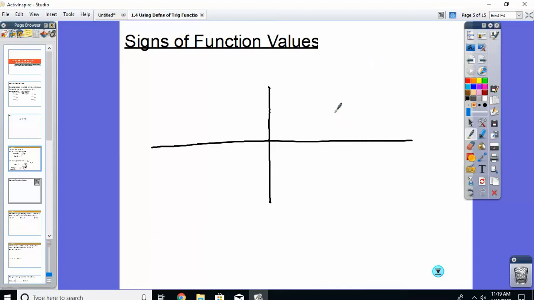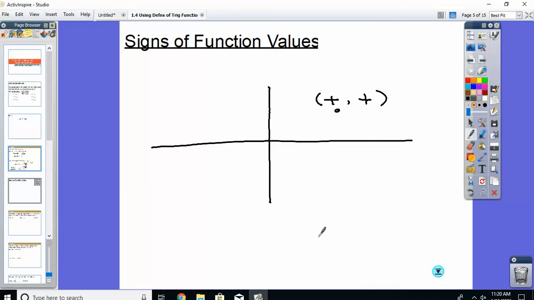If I took a point in the first quadrant, is the x value positive or negative? Positive, and the y value is positive. Okay, so sine is x over r. So positive over positive is positive. Sorry, I said sine, didn't I? Cosine is x over r, so that's positive. Sine is y over r, so positive over positive is positive.